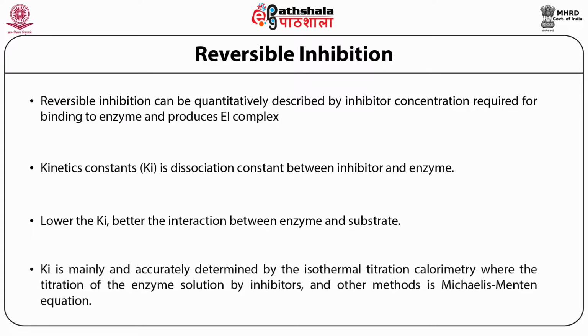Ki is accurately determined by isothermal calorimetry, where titration of enzyme with the inhibitor can be done, or by other methods like Michaelis-Menten equations. In this way, we have learned how reversible inhibition is used for analysis of a particular type of inhibition.